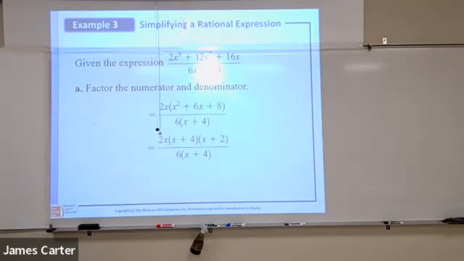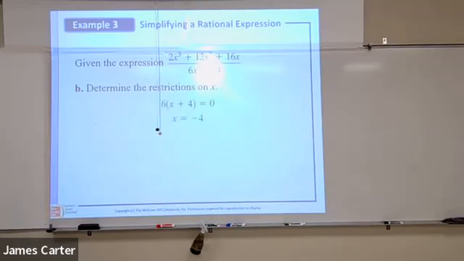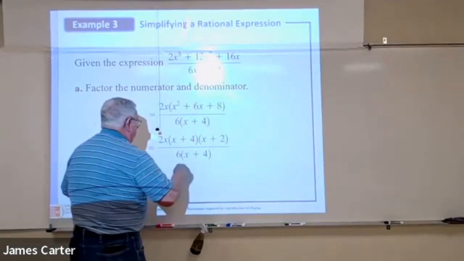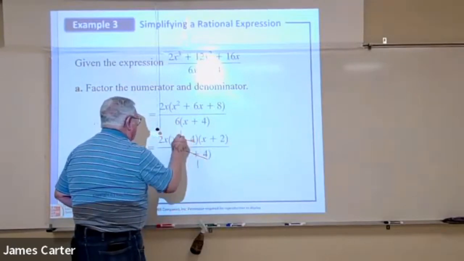Cannot have -4 for an answer in this problem. If you get it, you have to throw it out. Now, this piece, they factored into those two. So, is there anything we can cancel now? The x plus 4. So we do that. That goes one time, that goes one time.